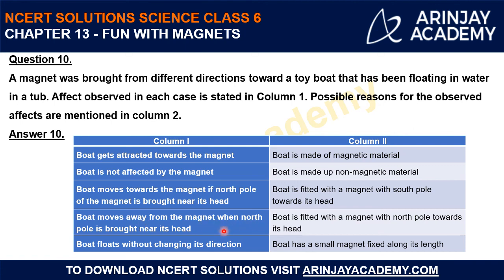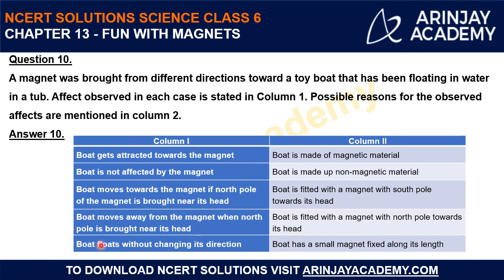Now you know that repulsion happens when poles are alike, that means either both north or both south. Since we brought a north pole and observed repulsion, the head of the boat also has a north pole. That means you have fitted a magnet in the boat such that its north pole points towards the head or is placed along the head.